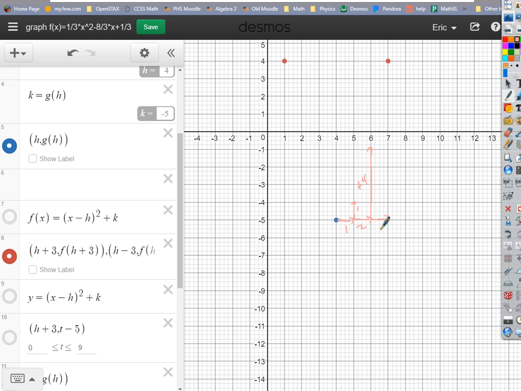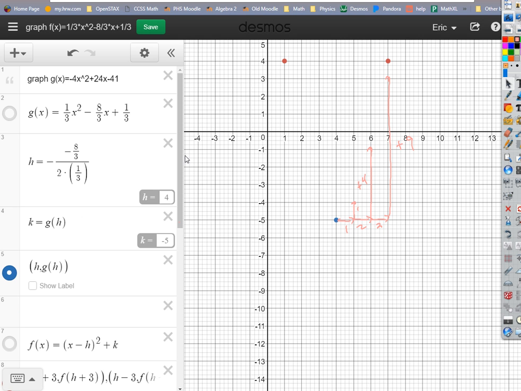Or we could go over 3 and up by 3 squared, which is 9. Well, a is 1/3, right? Remember, a vertical dilation, the points aren't moving horizontally, they're only being squeezed or stretched vertically. So I'm going to multiply my vertical distances by 1/3.